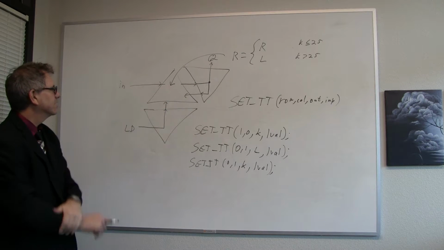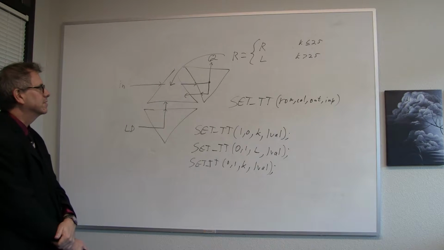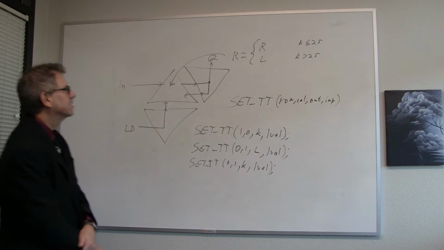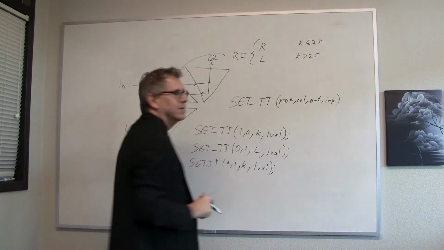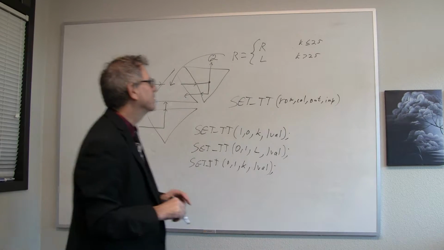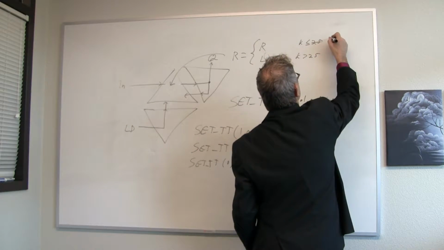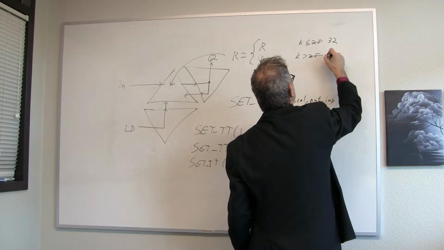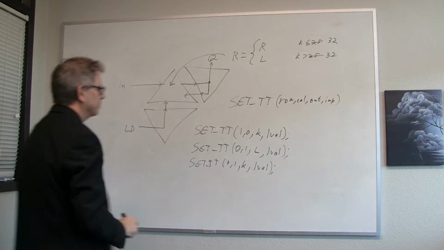Now this cell's function is contingent. It's contingent on the value of K. And we have 64 bins, so our inputs are between 0 and 63. So we could actually write K is less than or equal to 32, or K is bigger than 32.